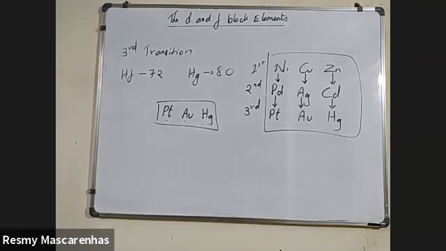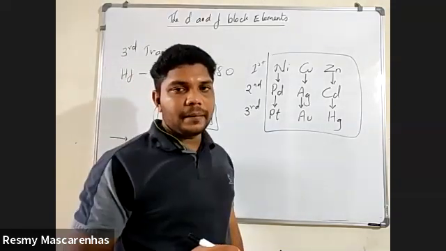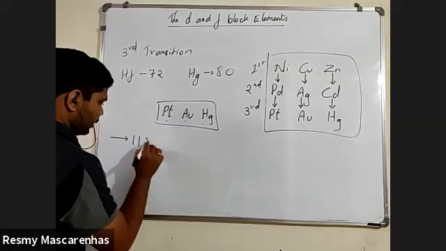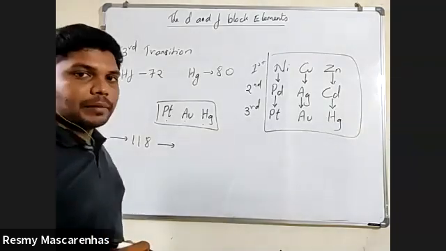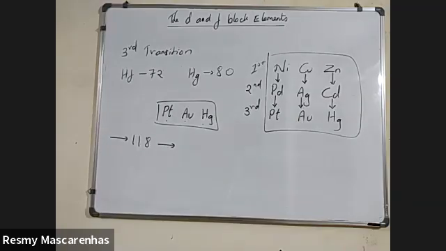Finished? Yes, sir. Okay. In the periodic table, which is the last element, atomic number? Anybody can tell? 118. Very good. Can you tell me the name of that element? Unoctium.